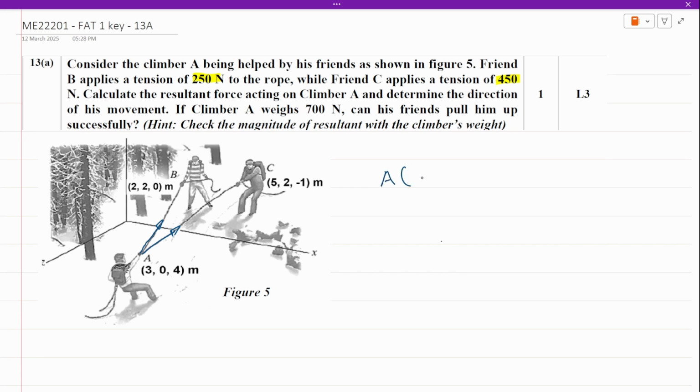Point A is at 3, 0, 4 meters. Point B is 2, 2, 0. Point C is 5, 2, -1.